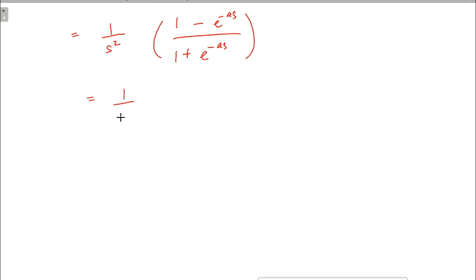From the remaining terms, 1 minus e power minus as divided by 1 plus e power minus as, I'm going to take e power as by 2 as a common term in the numerator as well as the denominator. So from that you may get like this.